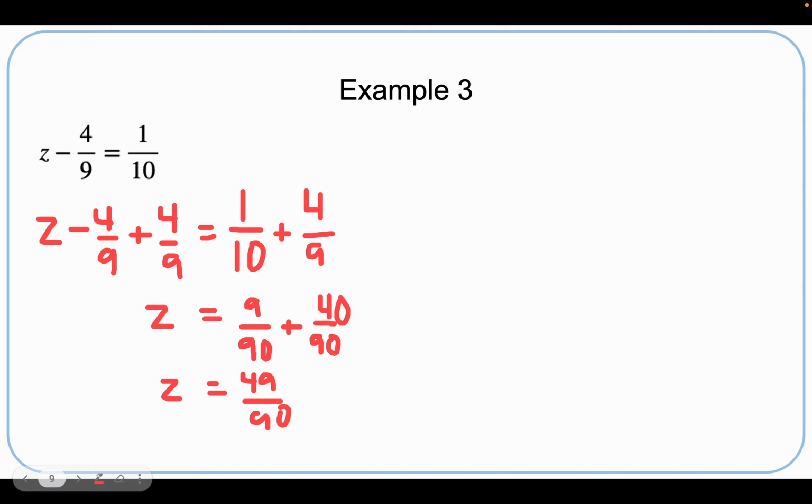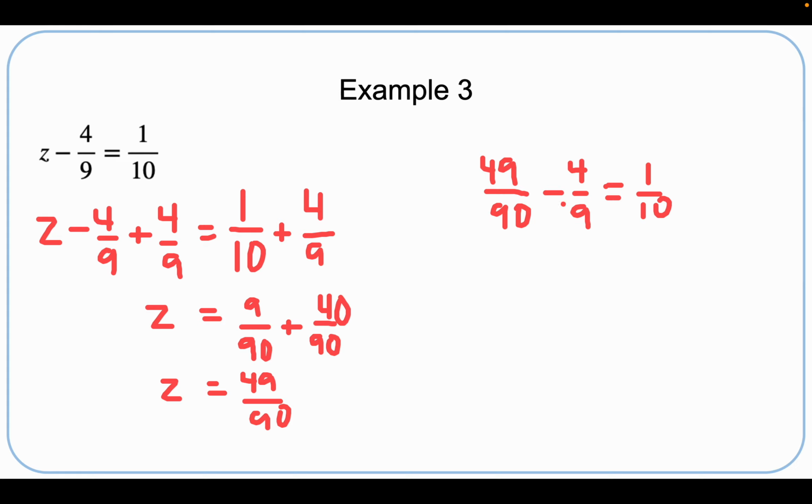Then we could go ahead and check our answer, use the solution, put it back into our original problem. So we're going to do 49/90 minus 4/9 equals 1/10.